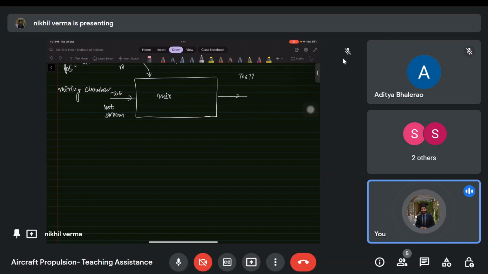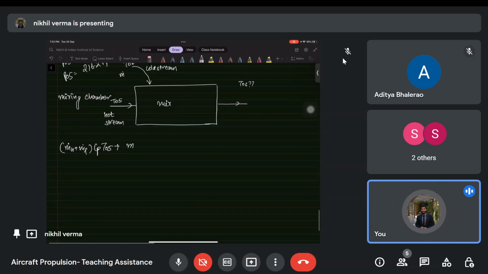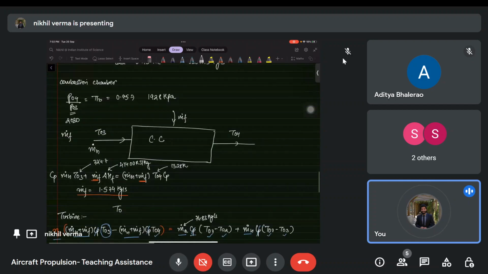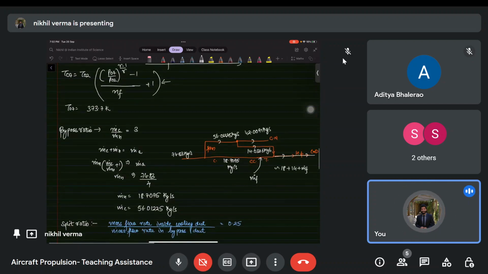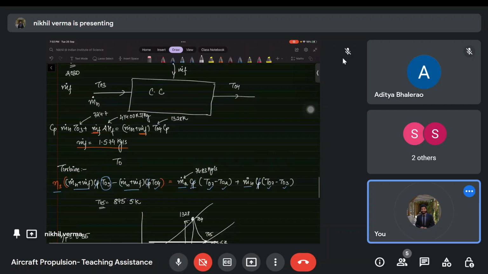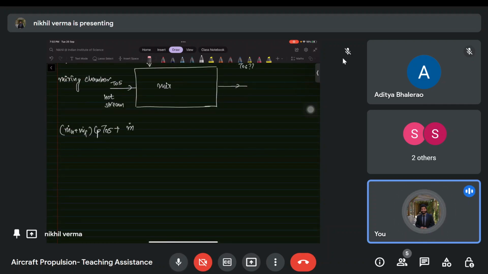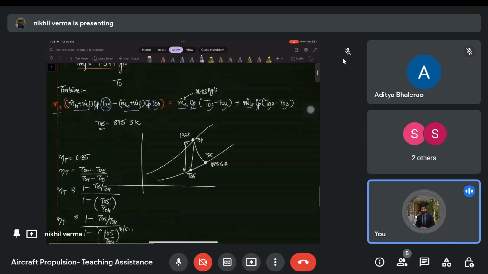Okay, let us see. The amount of the hot stream plus the mass flow rate of the fuel into the CP, then you have T naught 5, plus the mass flow rate to the bypass duct, which is 14 kg something. So this is the bypass duct. Then CP, you have T naught 6.